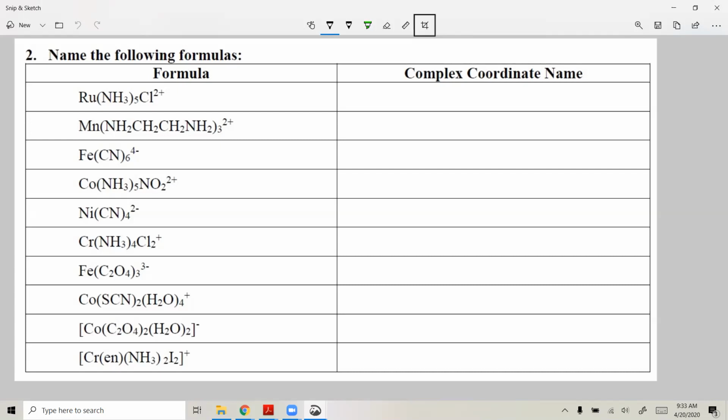Now, when we look at this one, is this all one complex or is this a salt? What do you guys think for this one? Is it a salt or is it just the metal coordination complex?